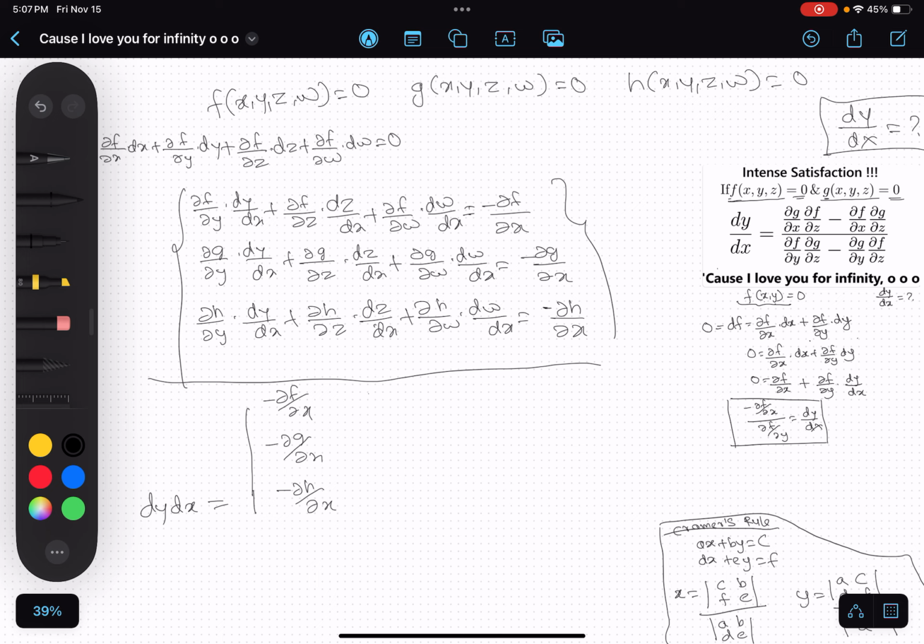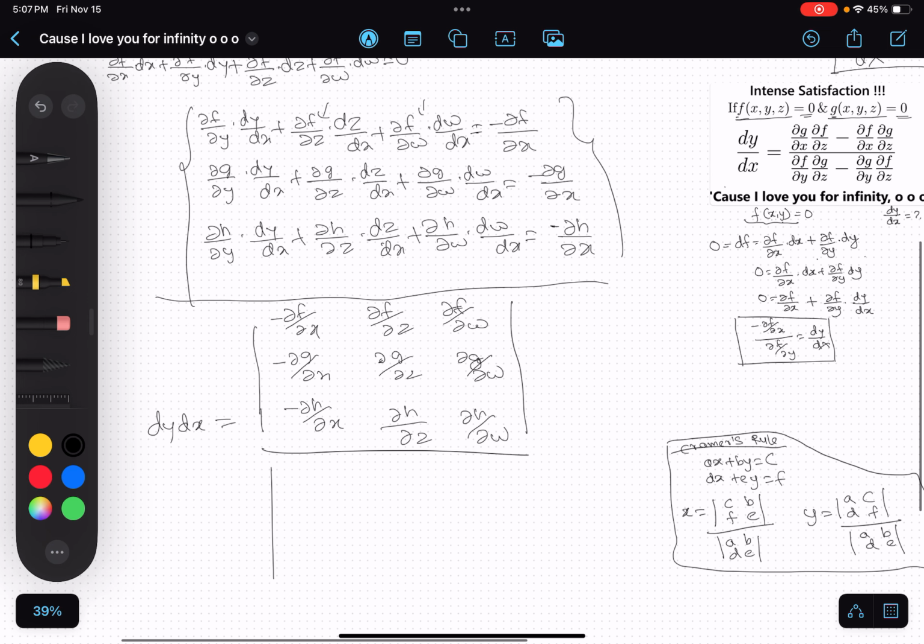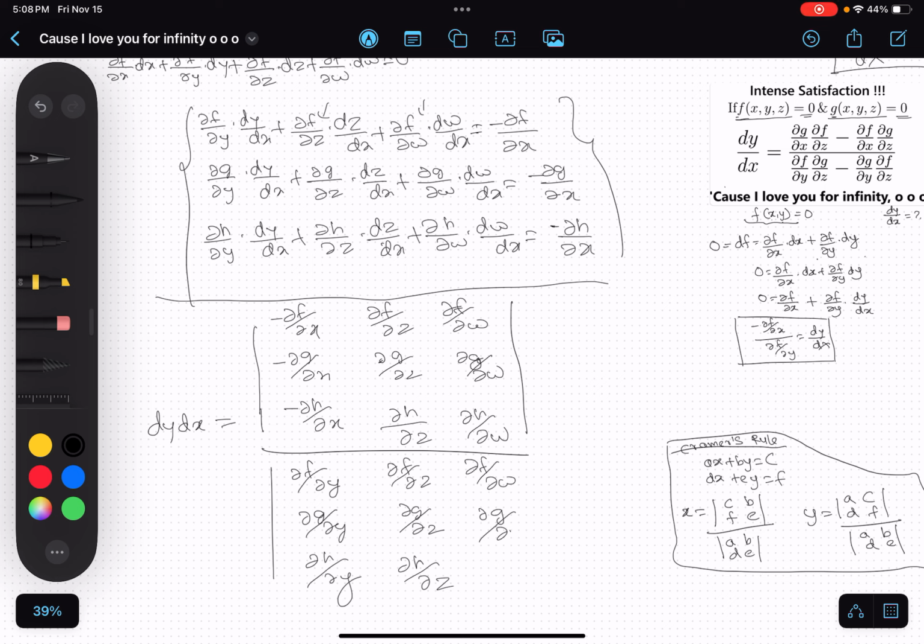The other coefficients will be as they are: partial f by partial z, partial g by partial z, partial h by partial z, partial f by partial w, partial g by partial w, partial h by partial w, divided by the determinant with partial f by partial y, partial g by partial y, partial h by partial y, partial f by partial z, partial g by partial z, partial h by partial z, partial f by partial w, partial g by partial w, partial h by partial w.